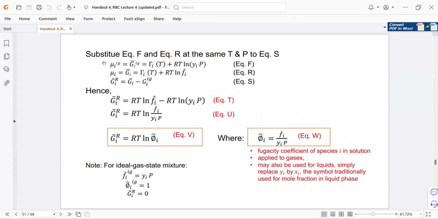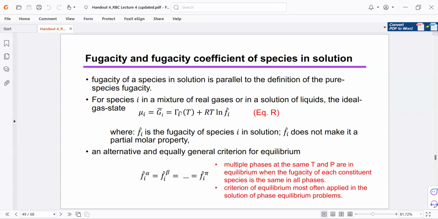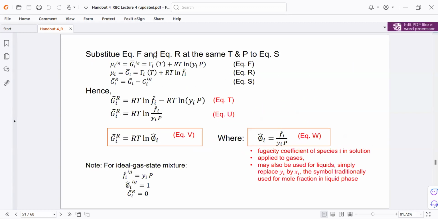And then using the three equations, we have initially this equation, and for an ideal gas, that's going to be the partial pressure. So mole fraction i times the total pressure is the partial pressure. And for a real gas, that's going to be f_i hat, which is the fugacity hat.